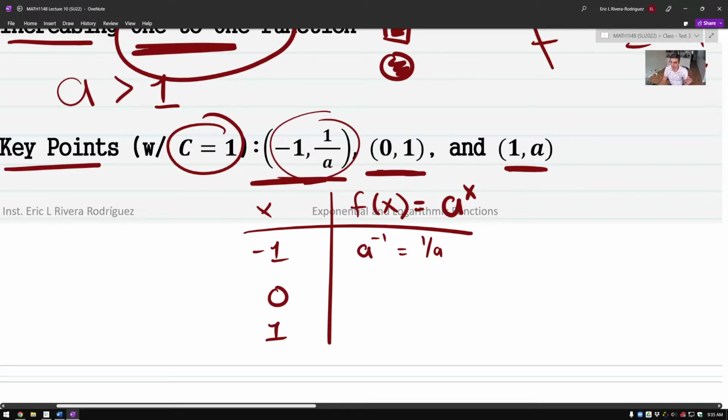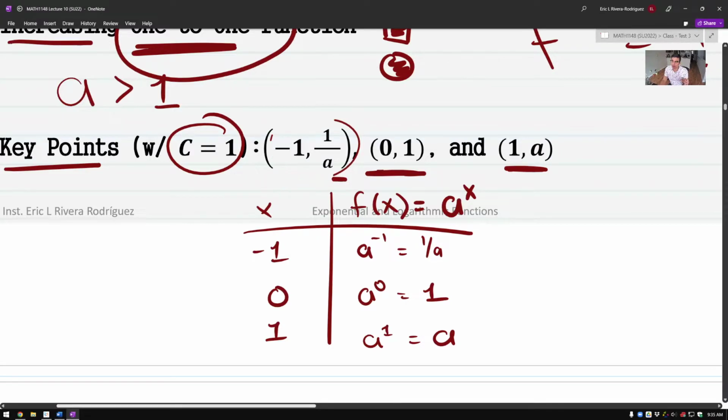A raised to the power of 0 is just 1, and a to the power of 1 is just a. So those are the 3 key points. It is easy to get the key points if you think of this format. With -1, we use the reciprocal of the base. With 0, it's just 1. With x equals 1, we get just the value of a.